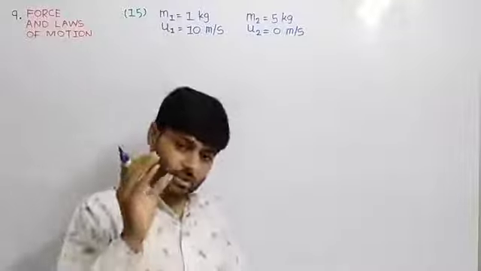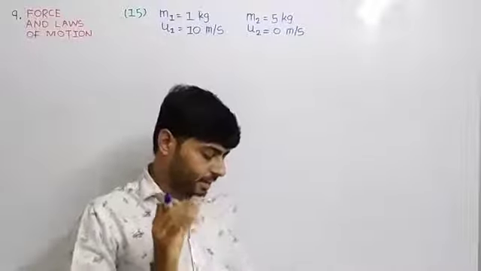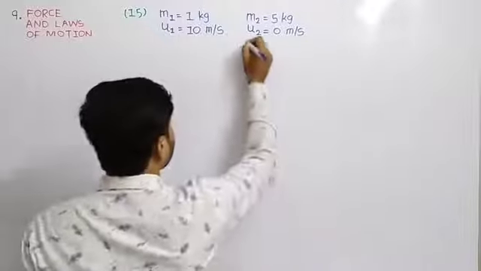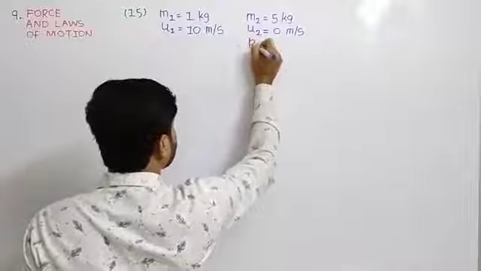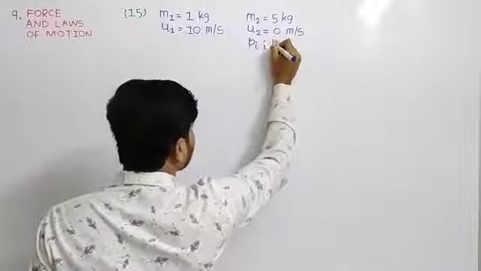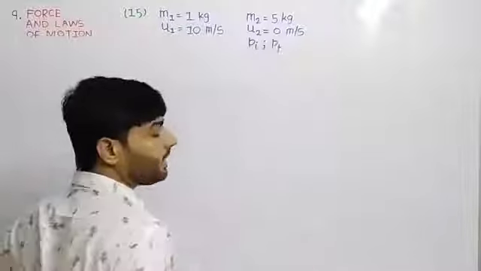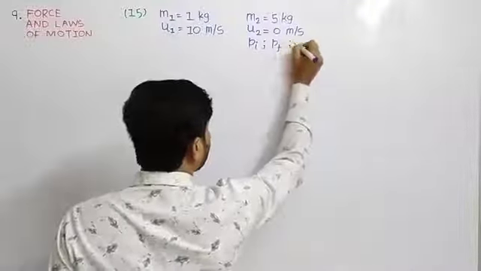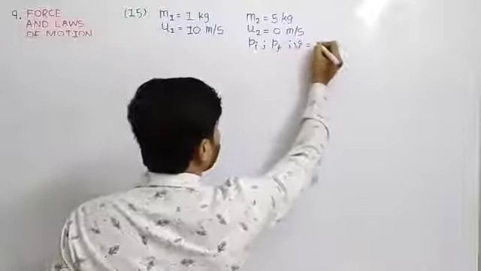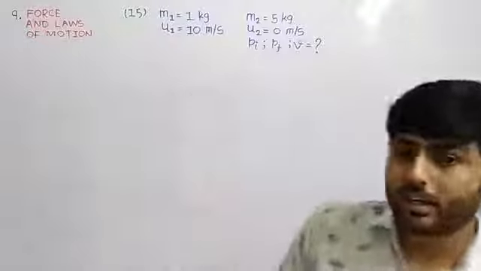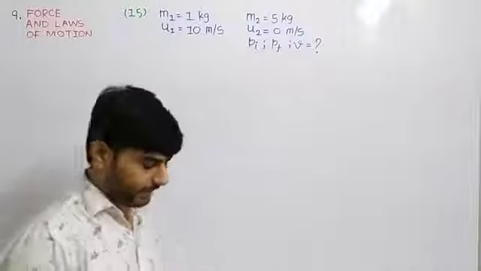Now they stick together and we have to find the initial total momentum. So I will write initial momentum as Pi, as well as final momentum and the velocity after impact. We have to find three quantities here. Which three quantities?